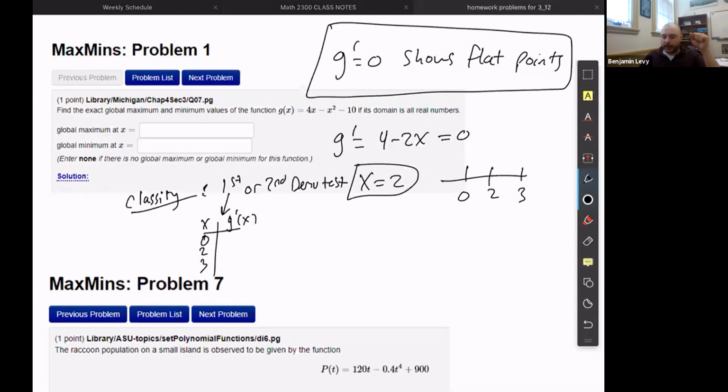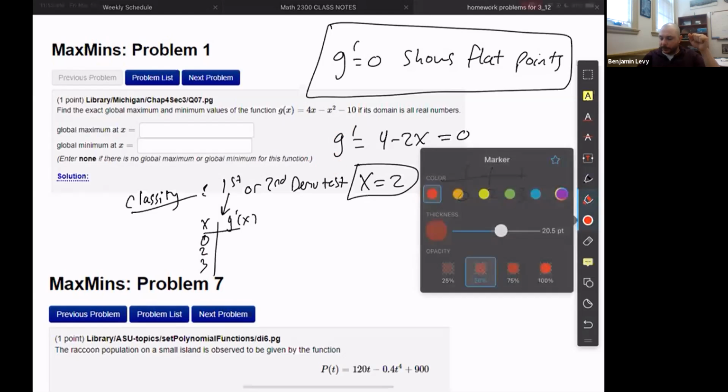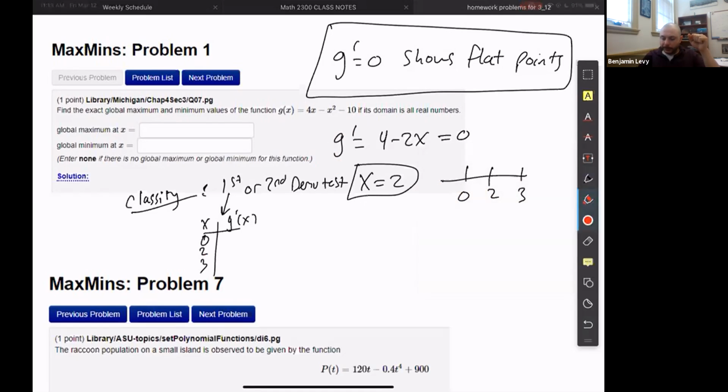I'm going to pick those 3 points, and we just plug them into the derivative. When I plug into g prime, I'm taking this function and using it right here. You get 4 minus 0, so that's increasing. You get 0 when you plug a 2 in, and when you plug a 3 in, you get 4 minus 6, which is a negative number.